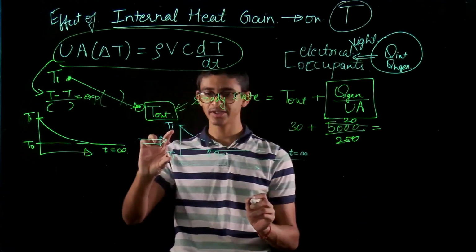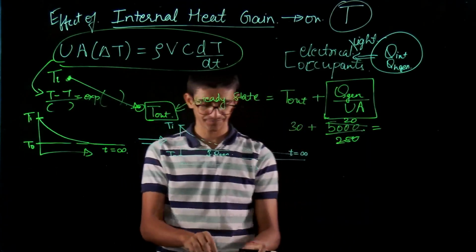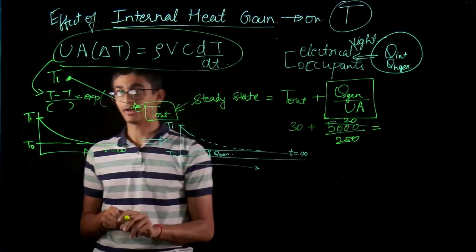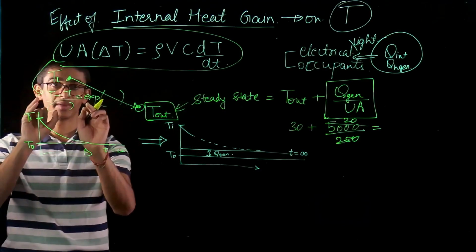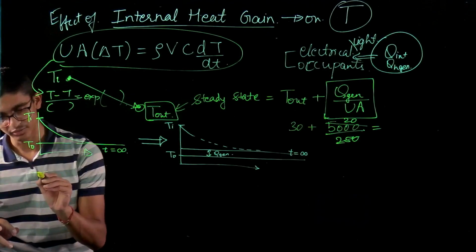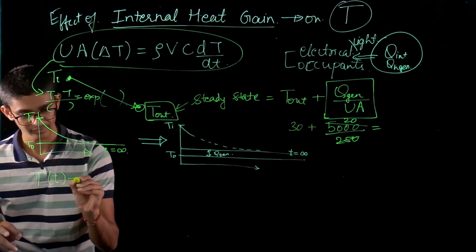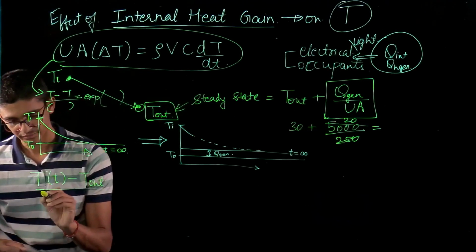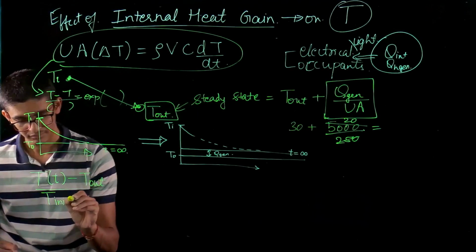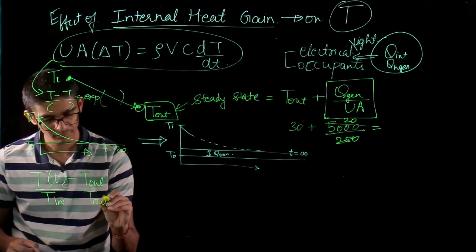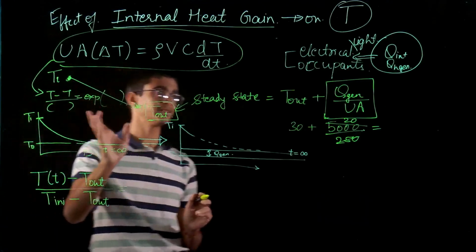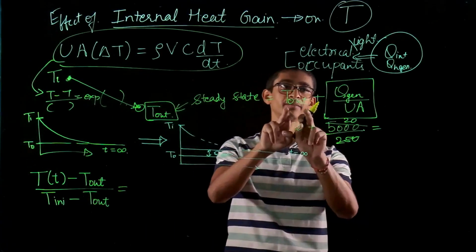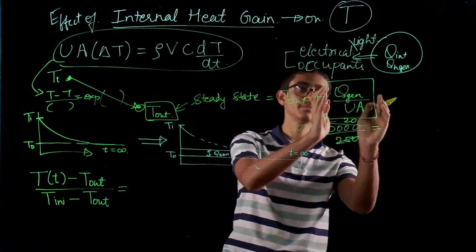It will only reach T outside plus this factor. So what's the effect now? My equation changes to this. Basically the effect is my outside temperature has changed to outside temperature plus this much.